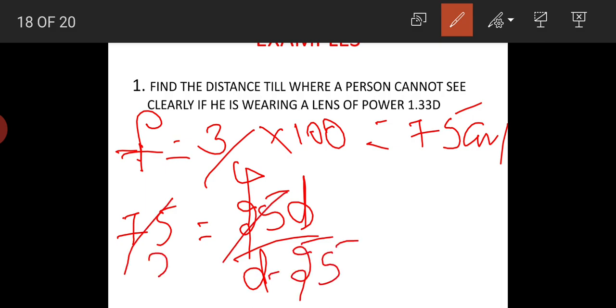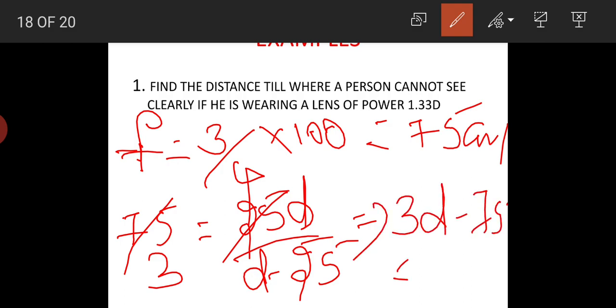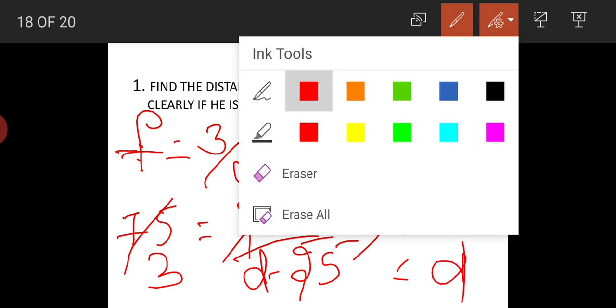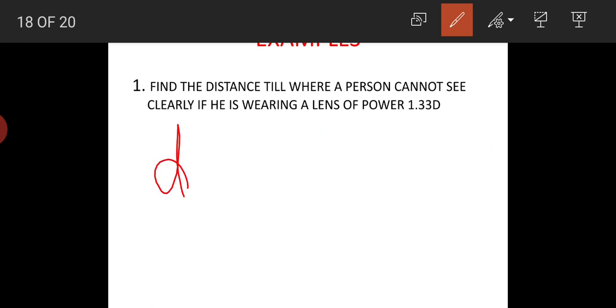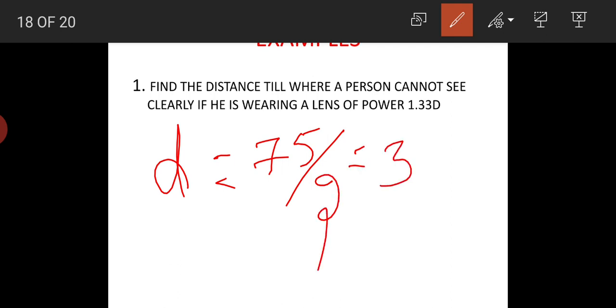25 ones, 25 threes. If you do cross multiplication, 3D minus 75 is equal to D, and if you solve this equation, you will get D as 75 by 2, that is 37.5 centimeters.